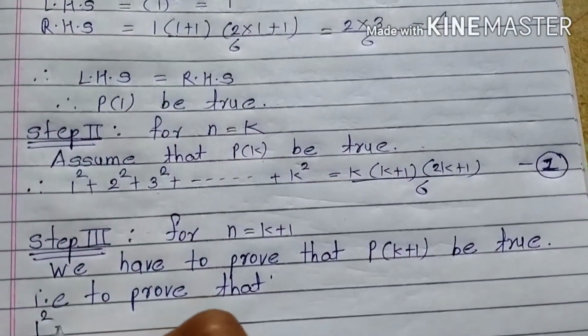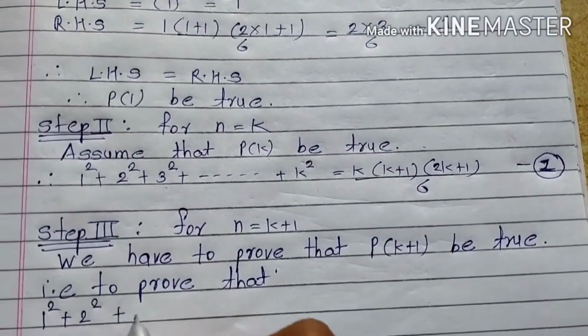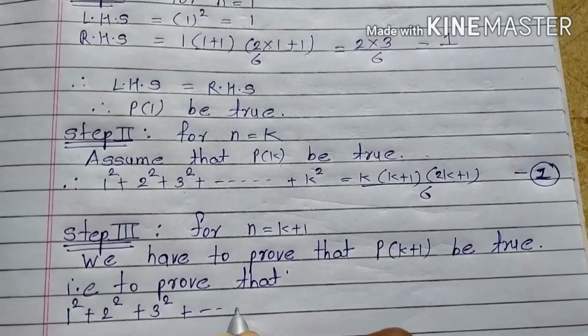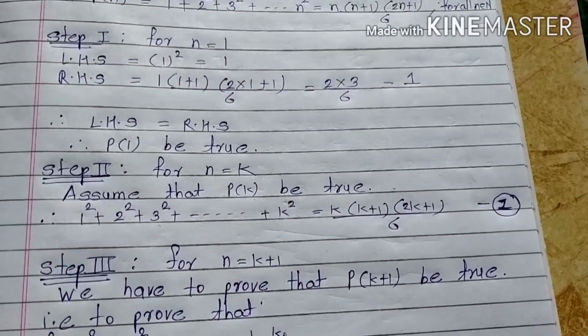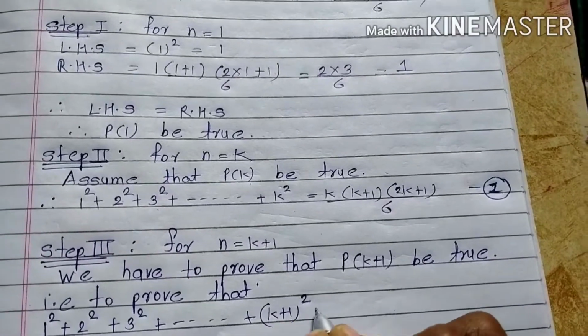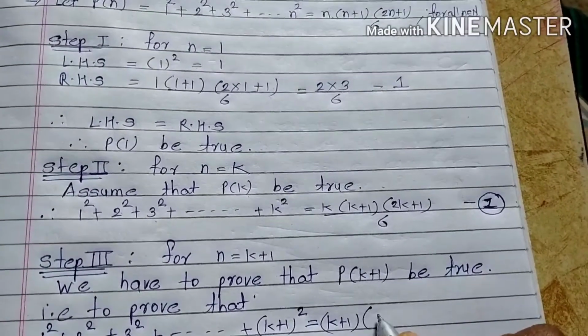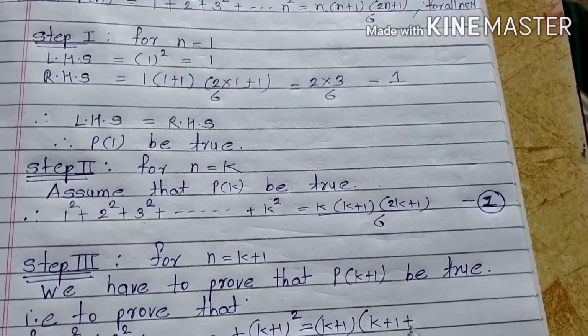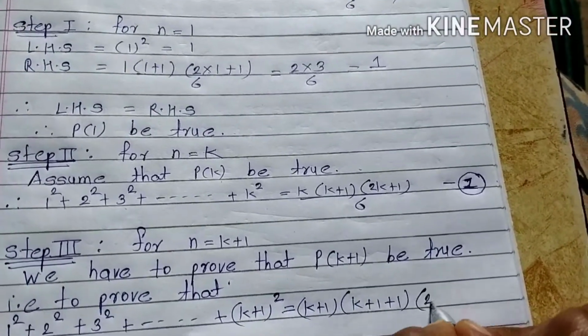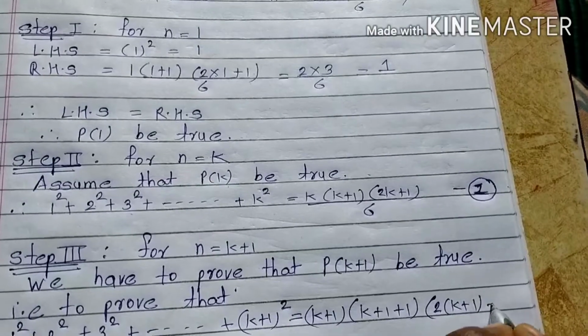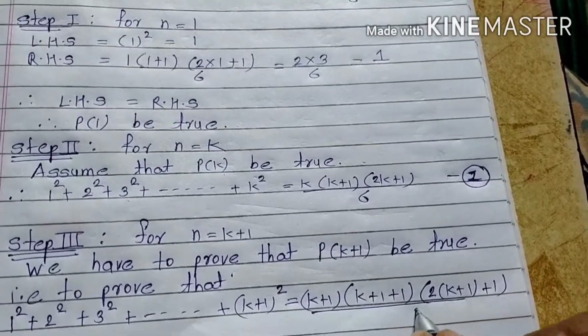So 1 square plus 2 square plus 3 square up to so on k plus 1 square, which is equal to k plus 1 into k plus 1 plus 1 into 2 into k plus 1 plus 1 upon 6.